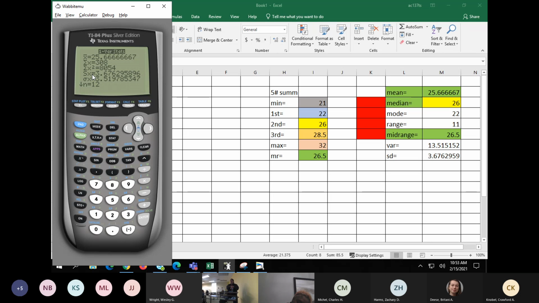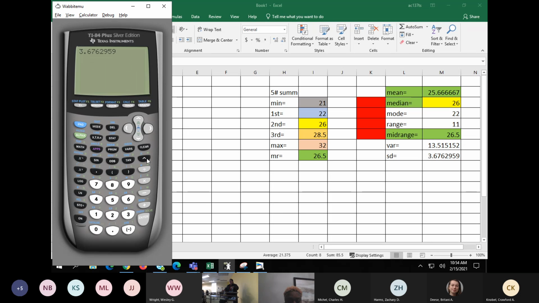Now I want everybody to take your 8-digit SX, 3.676295896, and raise it. I'm going to do it with y'all. I'm going to copy it off of here. 3.676295896, caret symbol, which is above the division symbol.